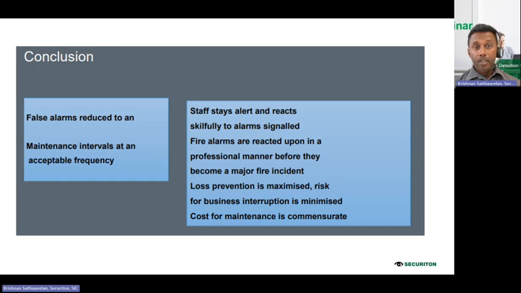They also make sure that staff stays alert and reacts, because the alarm signals will be followed, and fire alarms are reacted to in a professional manner before they become a major incident, so loss prevention is maximized. As I said, the Pro version is able to distinguish between fire and smoke together, so we have a real alarm instead of a false alarm being detected.